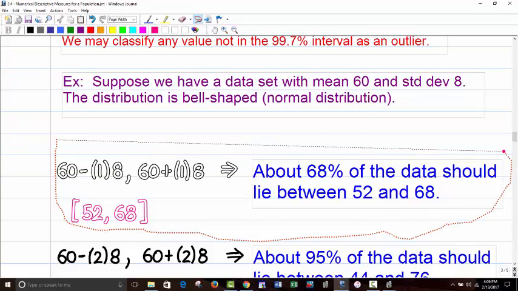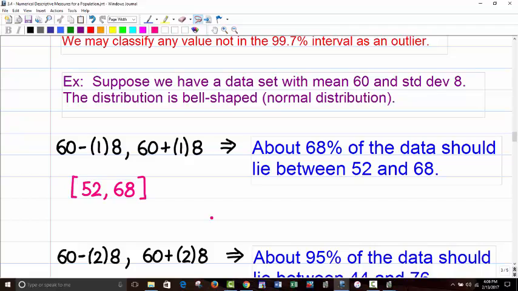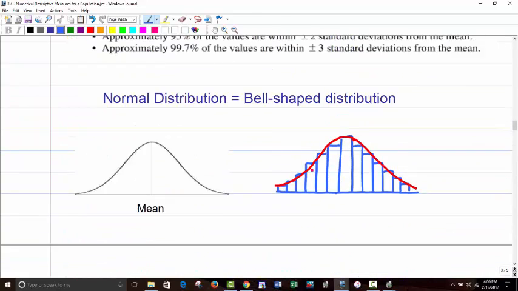That's not important. You'll be given a mean and a standard deviation, so you just use what's given. So this is saying if I took 60 minus 8, I get 52. I get 60 plus 1 times 8, because 68% is plus and minus 1.